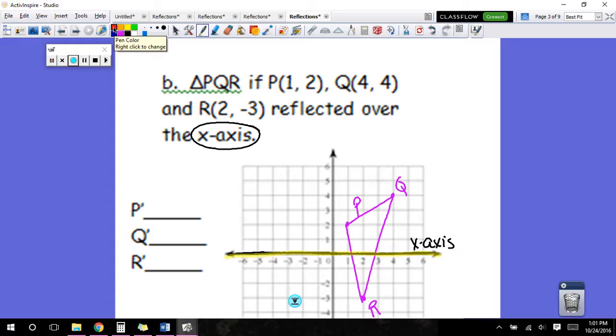So instead of going side to side, you're going to go up and down.